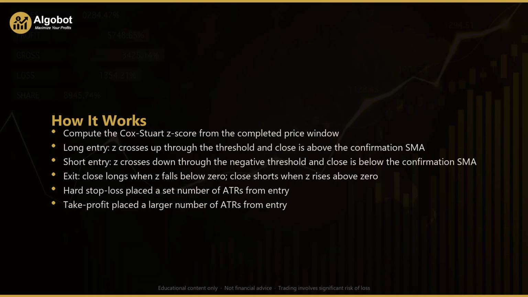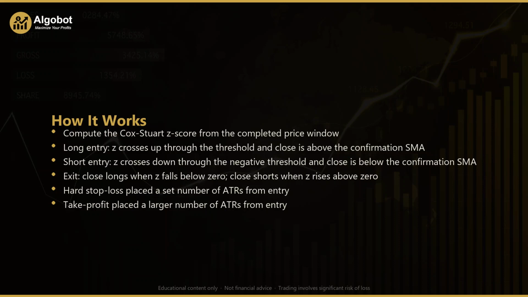The word cross is important here. The EA remembers the previous bar's z-score and only acts when the value moves from below the threshold to above it. That way it responds to the moment a trend becomes significant, not every bar that simply stays significant. Second, as a confirmation filter, the current close must be above the fast confirmation moving average, which helps avoid buying into an isolated upward spike.